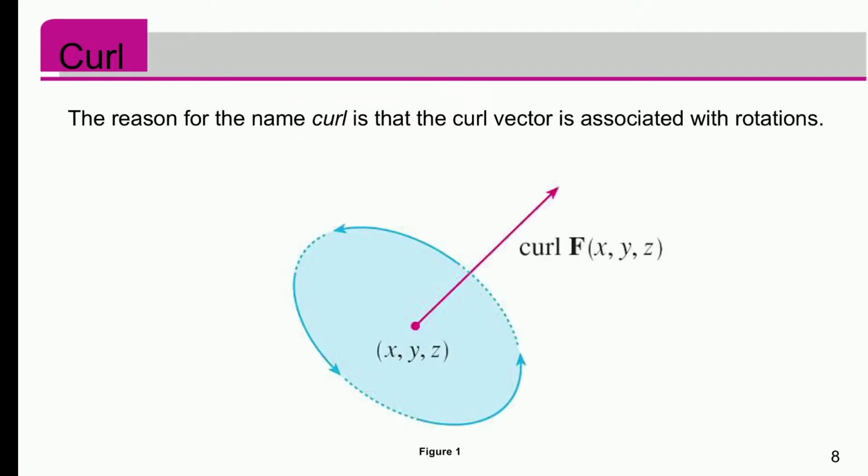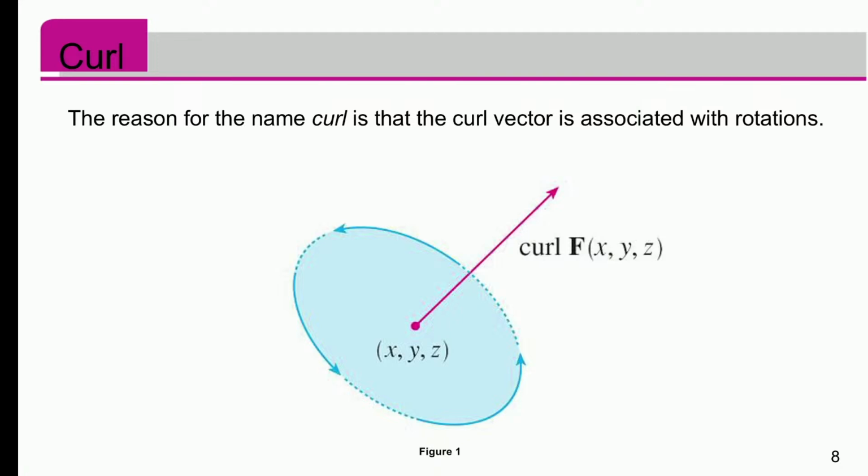So here's what you're going to find with vector fields: the curl kind of evokes this idea of movement, curling, moving around. If you have a point x, y, z, like the point 1, 1, 1, and you find the curl for that particular point in your vector field, it's going to be a vector.